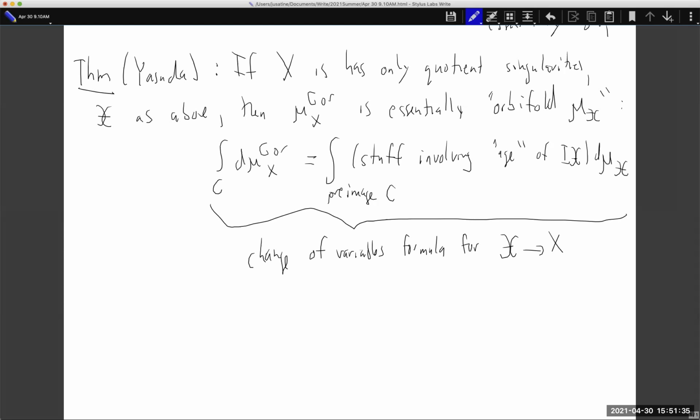This inertia stack shows up all over the place. It showed up for Chen and Ruan's orbifold cohomology because, if you want to do, for example, Gromov-Witten theory on Deligne-Mumford stacks, this inertia stack plays a role because the evaluation maps naturally live here instead of in the stack.